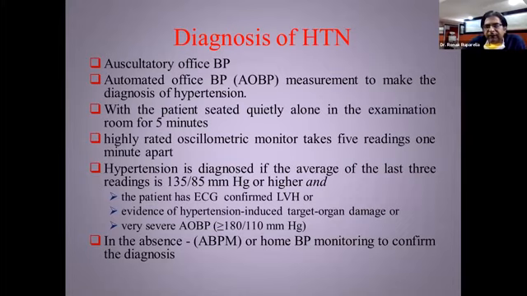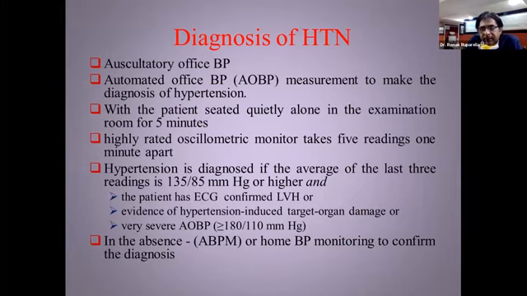An oscillometric monitor takes 5 readings, 1 minute apart. Based on the average reading, we can diagnose hypertension. If the average is more than 135/85 or higher, and the patient has ECG confirmed LVH or hypertension induced target organ damage, or severe blood pressure more than 180/110, then we diagnose hypertension.